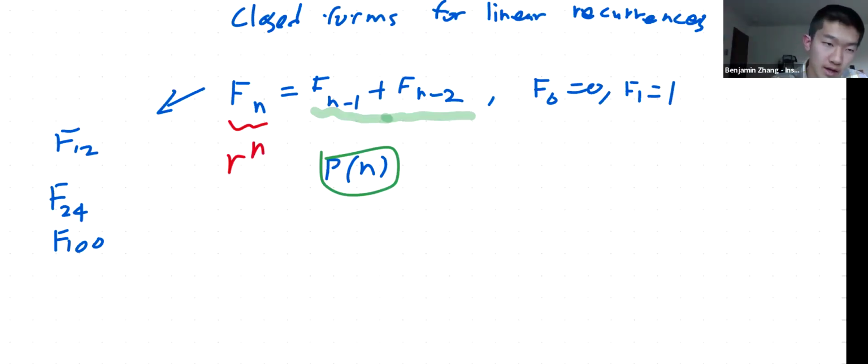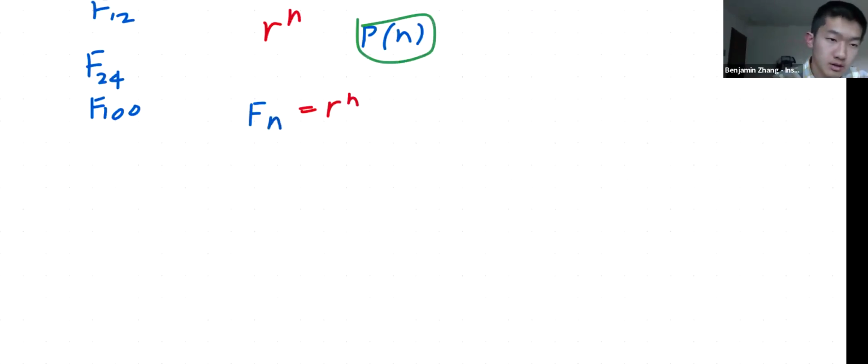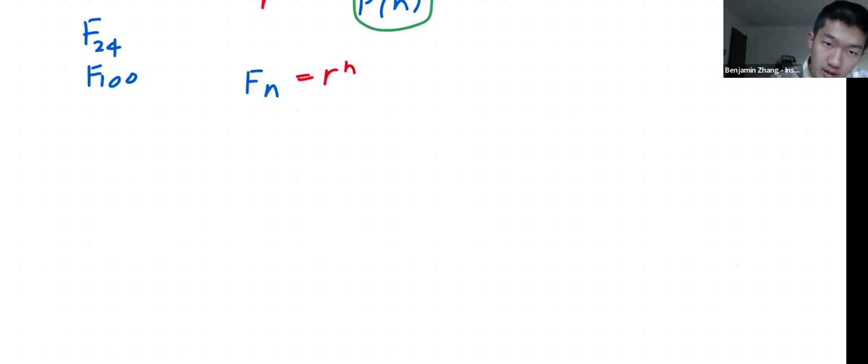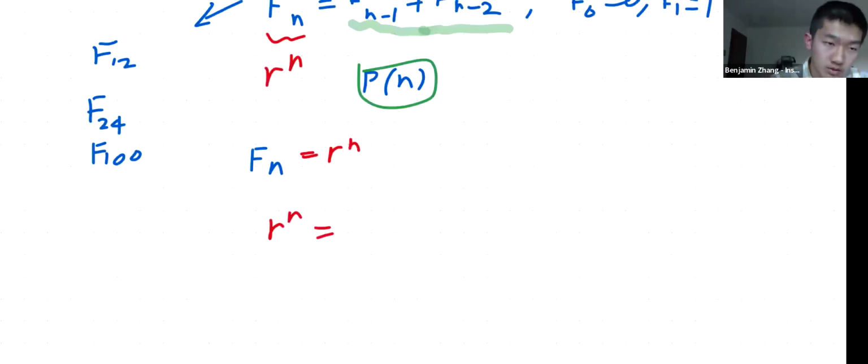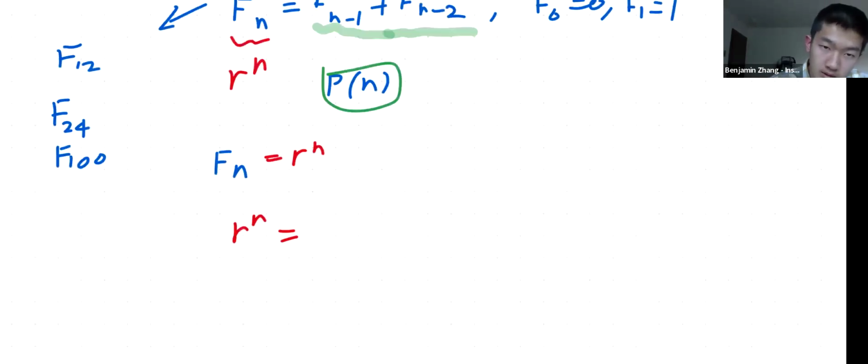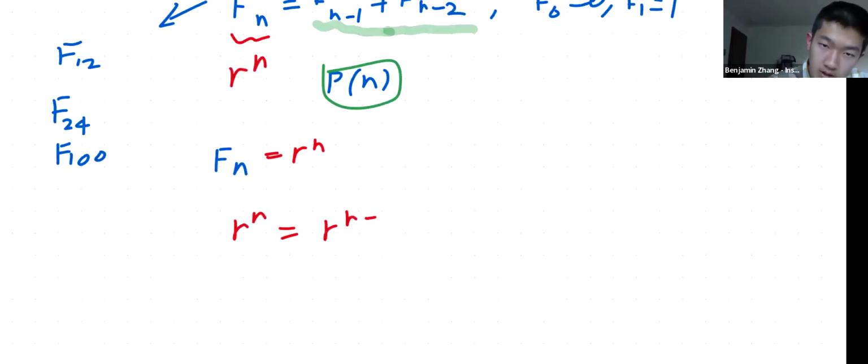So f of n, we let this equal r to the n, and we plug it into this equation. And what do we get? We get this equation over here, which is r to the n is equal to, since all of the other f's also correspond, r to the n minus 1 plus r to the n minus 2. And this is for real numbers r.